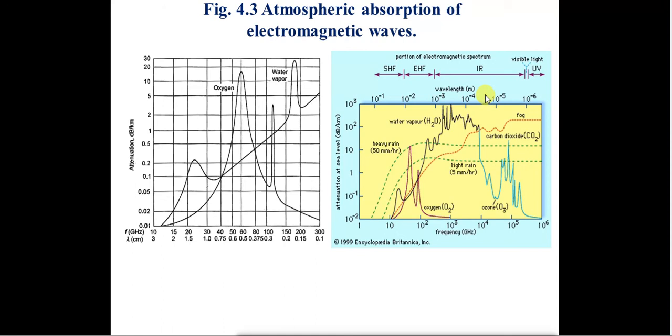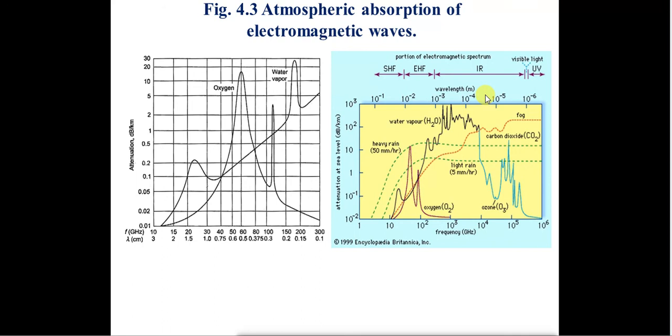What will be the absorption rate due to fog? What will be the absorption rate due to water vapor or humidity? Also, what will be the absorption in the area where there is ozone layer or where oxygen is mostly present? So this is one of the basic considerations while designing a system which is to be operated over frequencies of 10 gigahertz.